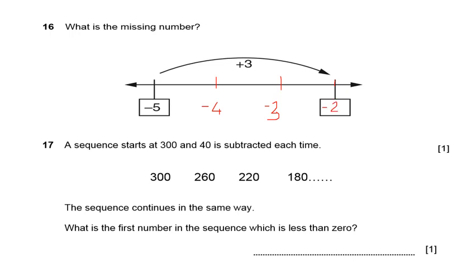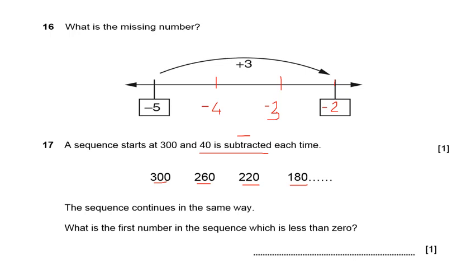A sequence starts at 300 and 40 is subtracted, not 400, sorry, I'm tired. So 300 minus 40 is 260, 260 minus 40 is 220, 220 minus 40 is 180.